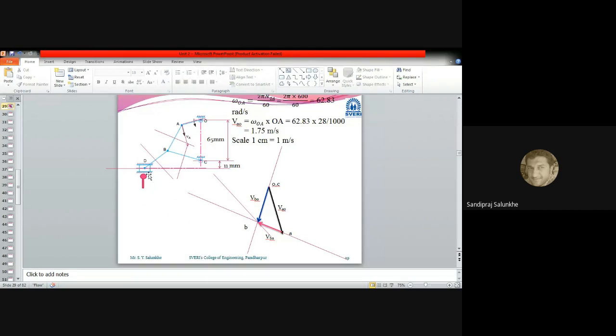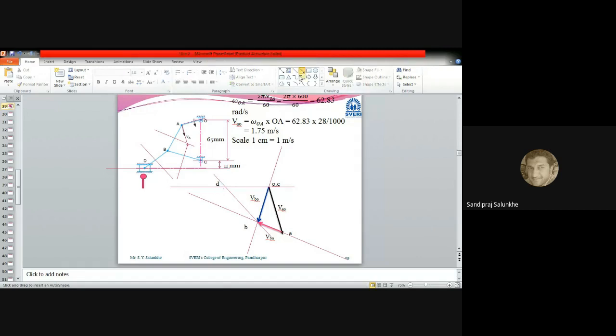Okay, this is, we can say, where we are observing how D is moving. इथं डी हा रेसिप्रोकेट होताना दिसतोय आपल्याला, जर आपण ही स्टँडिंग पोझिशन आहे आपली तर, आणि तो लाईन ऑफ रेसिप्रोकेशनला पॅरललच त्याची व्हेलॉसिटी असणार आहे, बिकॉज डी इज ऑन पिस्टन नाव. आपल्याला माहिती आहे स्टेशनरी पॉइंट, थ्रू दिस स्टेशनरी पॉइंट वी हॅव टू ड्रॉ वन लाईन which will be parallel to the line of reciprocation. बरोबर आहे? And where this line is intersecting to each other, that point will be the D point.